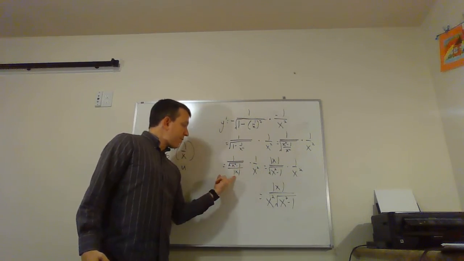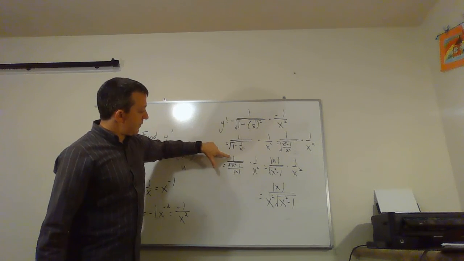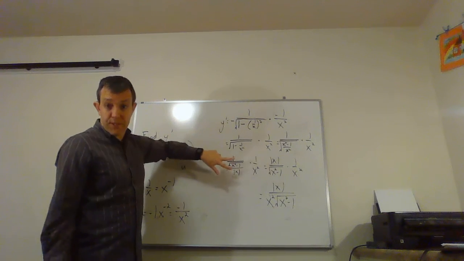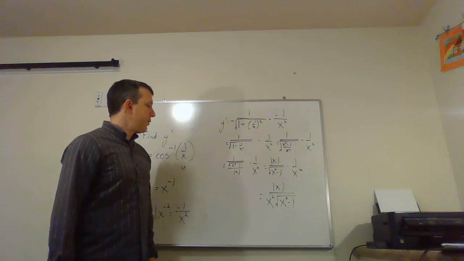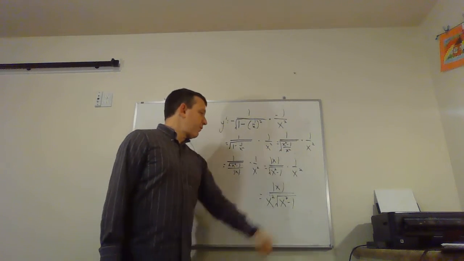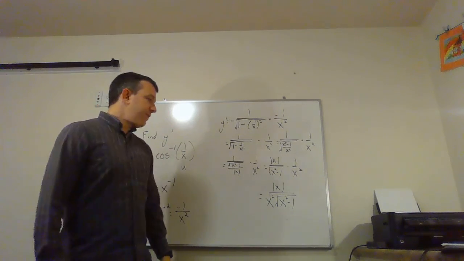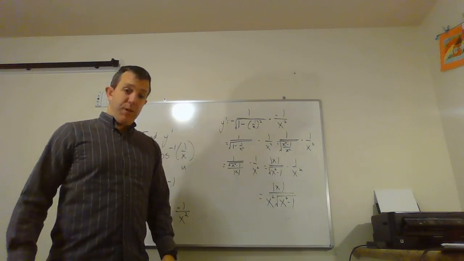So we have to use an absolute value of x when we split that up. Then I take advantage of the fact that I have 1 over a fraction, which is the reciprocal, so I flip that back over. I get the absolute value of x times the square root of x squared minus 1 times 1 over x squared, and then I smash it together, giving me my answer: the absolute value of x over x squared times the square root of x squared minus 1.